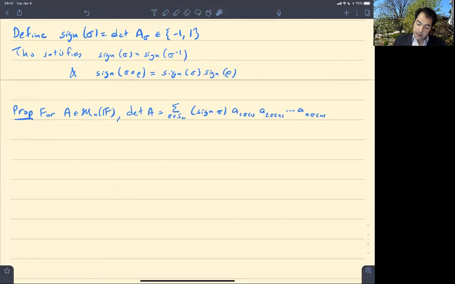This is how you go from the individual entries of the matrix to computing the determinant. And I'll emphasize again that this is really useful if you're trying to prove theoretical properties of the determinant. But if you're trying to compute the determinant of a given matrix, unless that matrix has a bunch of zeros, this is a terrible, terrible way to compute it. Okay, but let's prove that this formula is true.